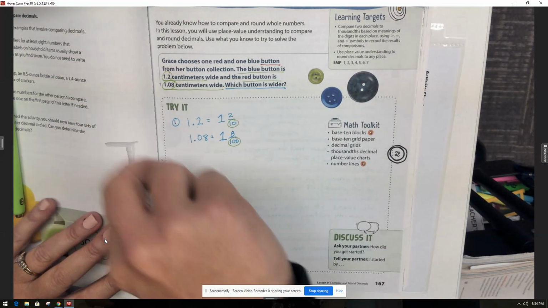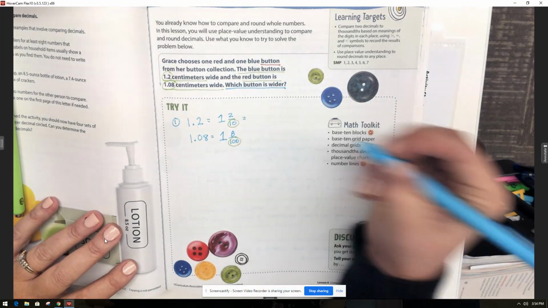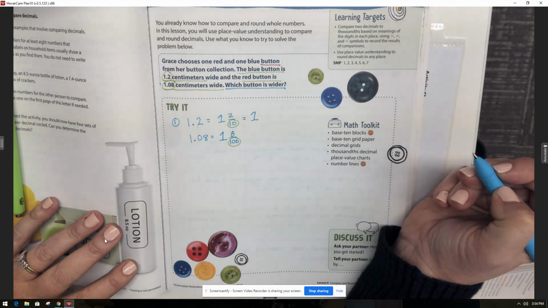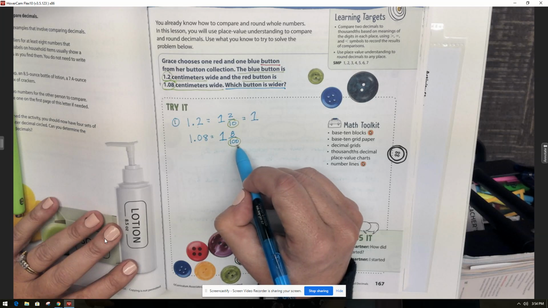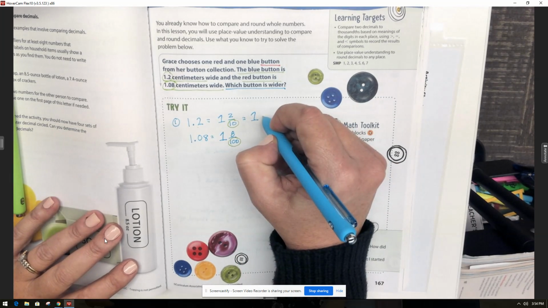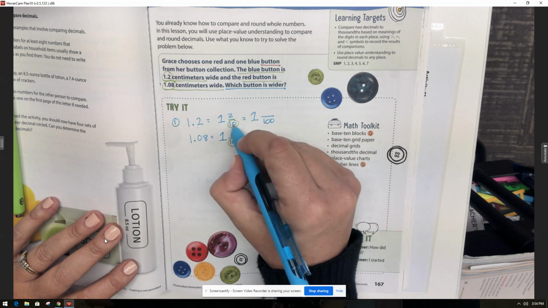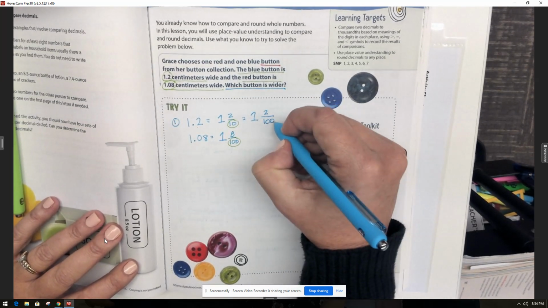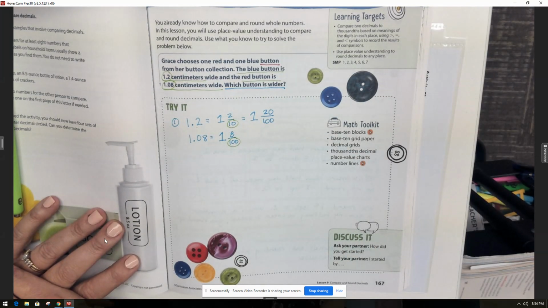So if I wanted to make 1 and 2/10 an equivalent fraction, my whole stays the same. And so I need to take my 2/10 and I need to make it into hundredths. So if I want to make my denominator 100, I added a 0 to 10. So that means if I add a 0 to the denominator, I also have to add a 0 to the numerator.